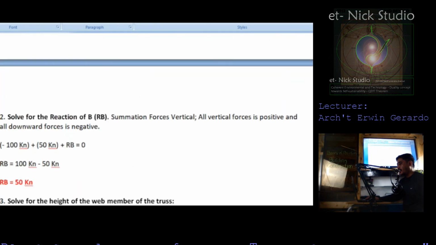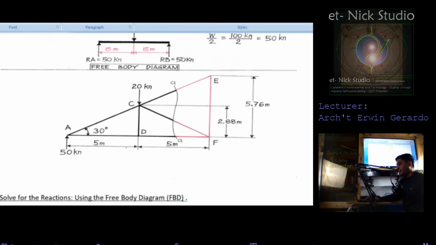So this is CF vertical. Meaning take moments at A. So therefore we are able to eliminate members CE and members DF.